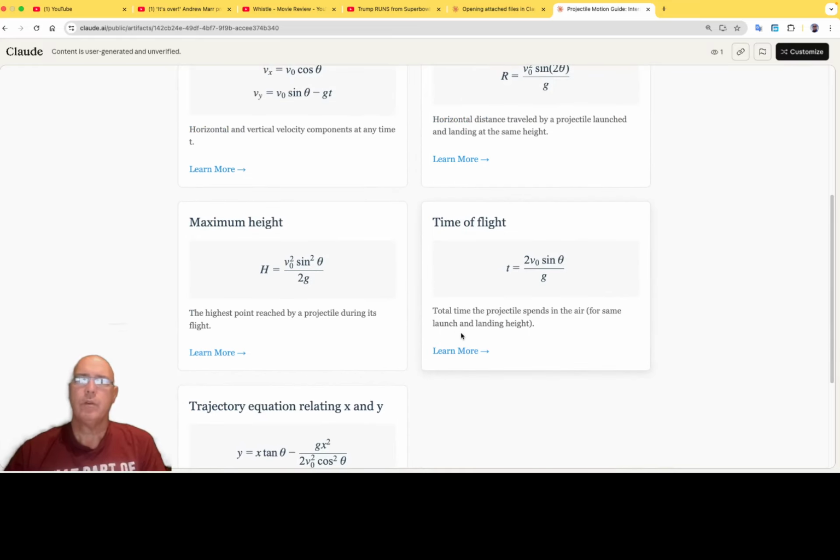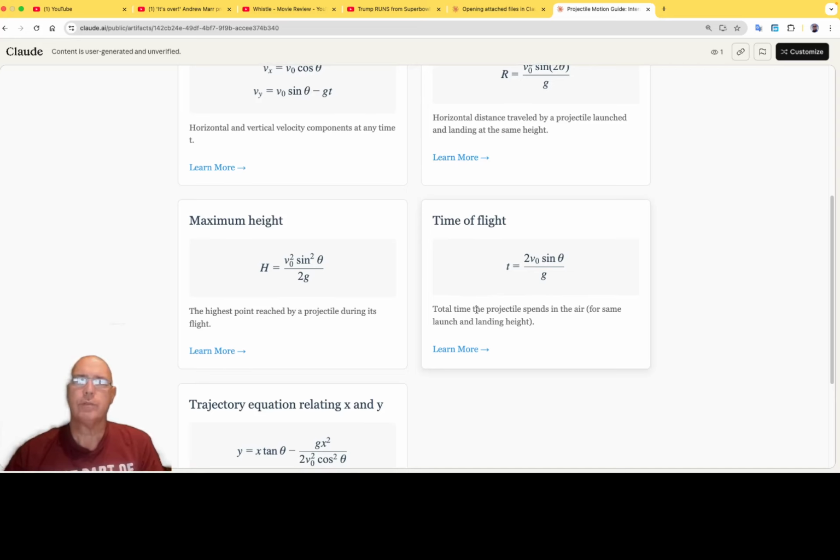Here we've got an equation that will show the time of flight, how long it takes for the object to move from where it starts to where it finishes, where v0 is its initial velocity at an angle theta to the horizontal, and g is the acceleration due to gravity.